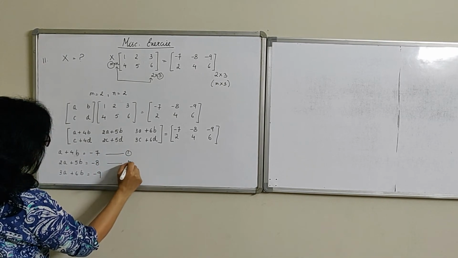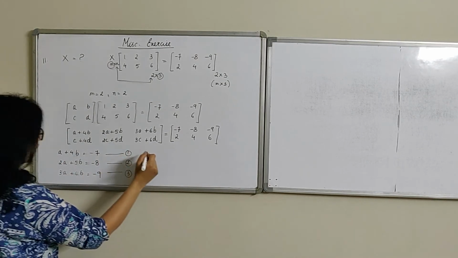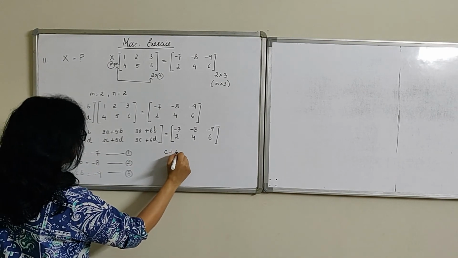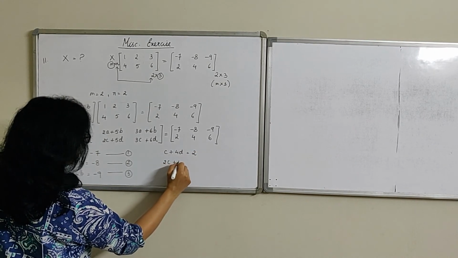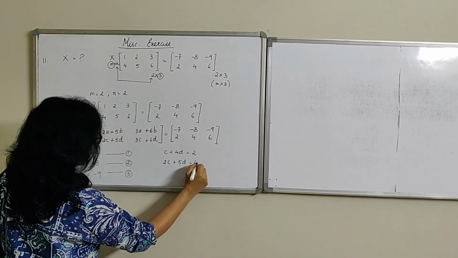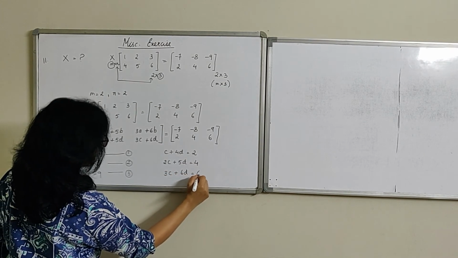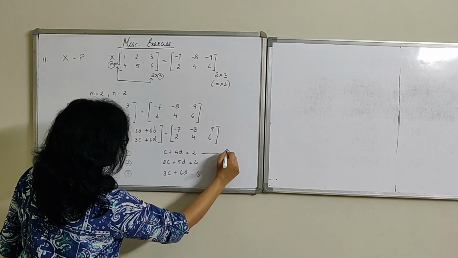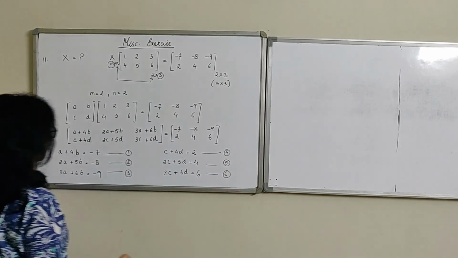Let these be equations 1, 2 and 3. Comparing the second row, we have C plus 4D is 2, 2C plus 5D is 4, 3C plus 6D is 6, and these are equations 4, 5 and 6.